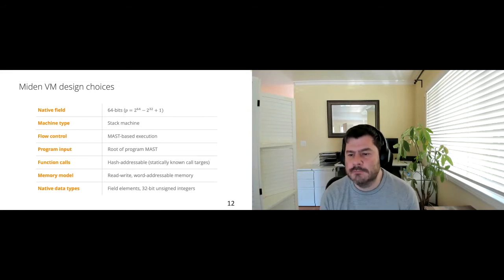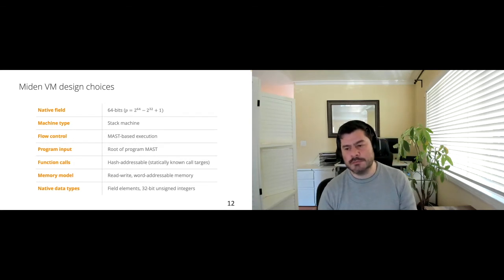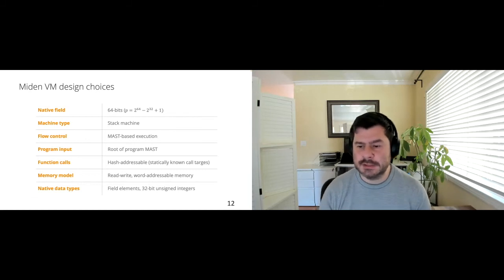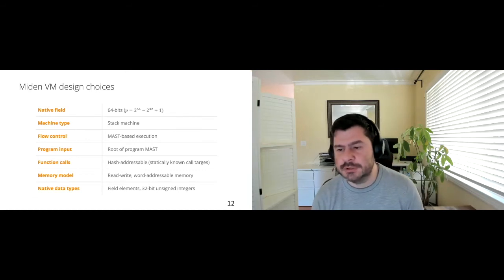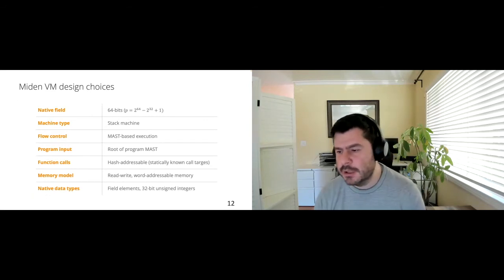In our case, functions are hash addressable, so there is a hash of the function that you invoke, and then that gets executed. That also requires that all function calls, call targets, are known at static time, because you can only call something that you know the hash of. You can't call some function for which you don't know what the code will do. This is an attractive property in my mind in the blockchain context, where you want to have as much deterministic behavior and limited dynamic behavior as possible to avoid bugs and things like that.